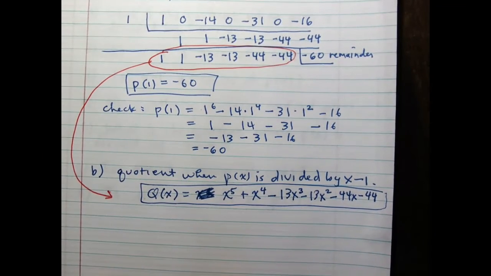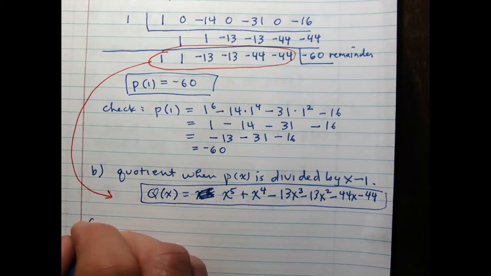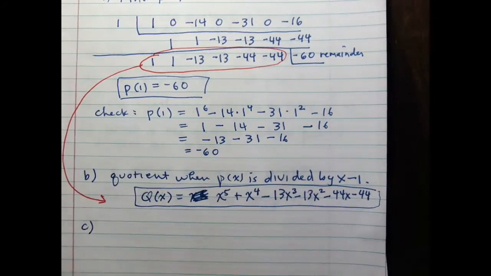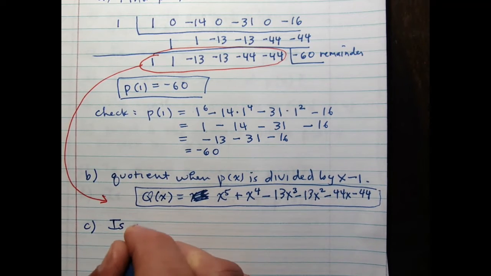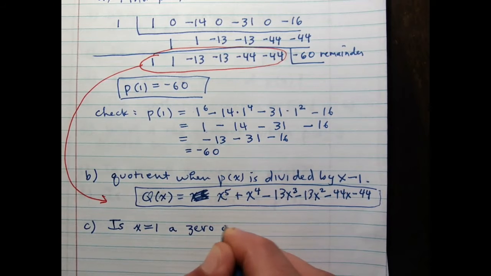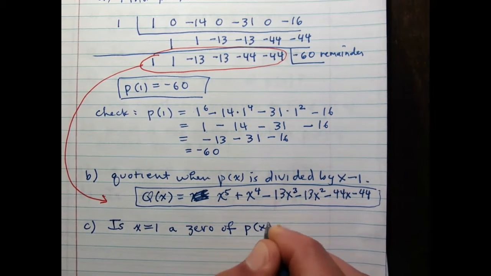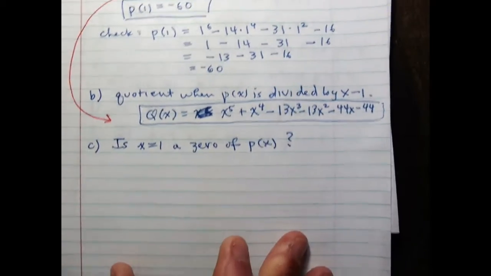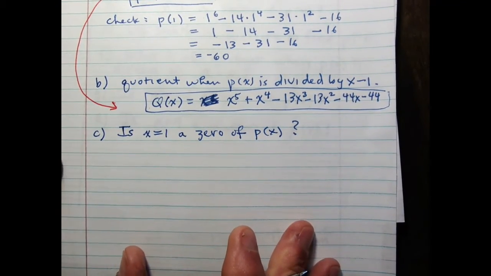So the synthetic division also gives us the quotient when P of x is divided by x minus 1. Part C. Is x equals 1 a 0 of P of x? Now, we haven't talked about zeros too much.